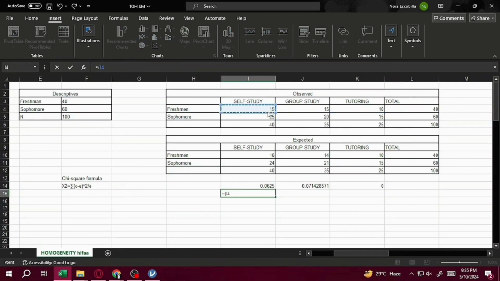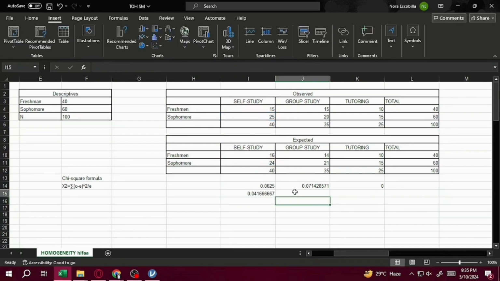Same process. So 25 minus 24, squared, divided by the expected 24. We have 0.04166 and so on. And our observed 20 minus our expected 21, squared and divided by 21.